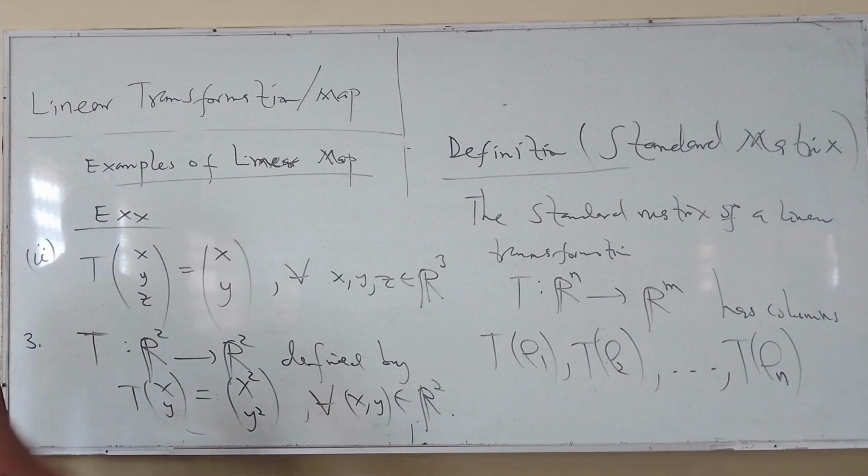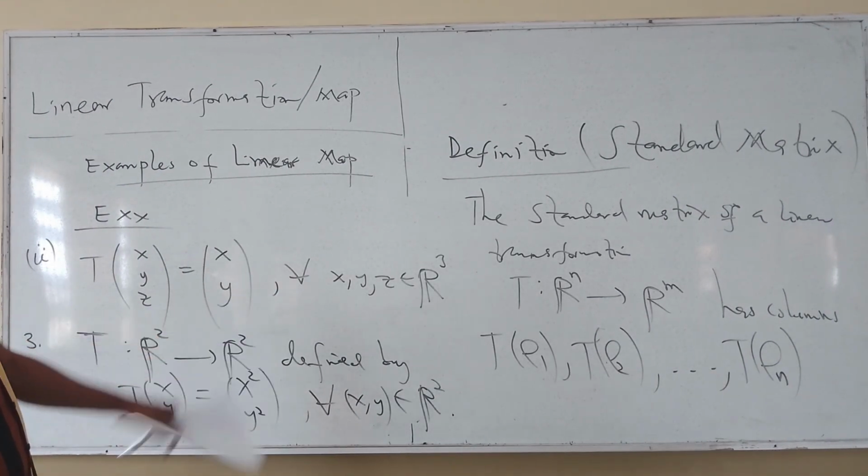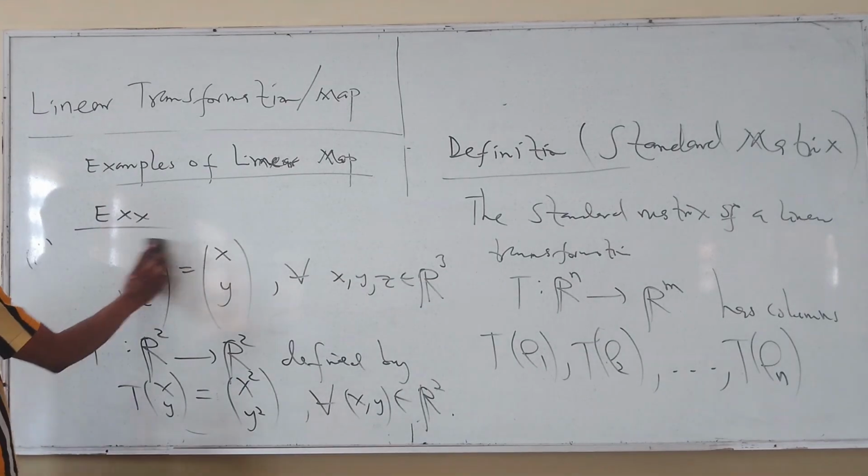So it's a matrix. When I say that the columns are what? T(e1), T(e2) up to T of what? En.